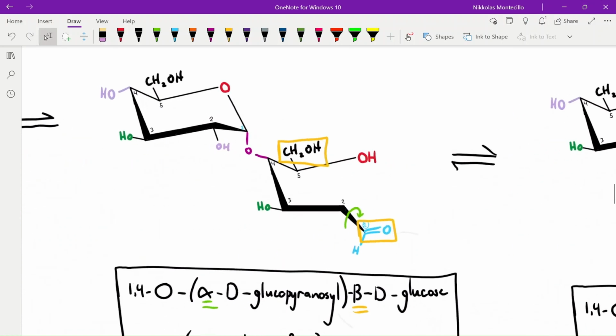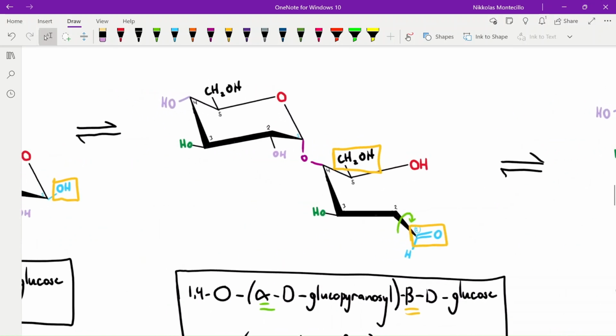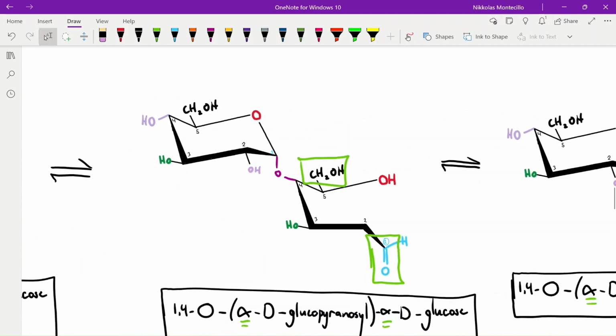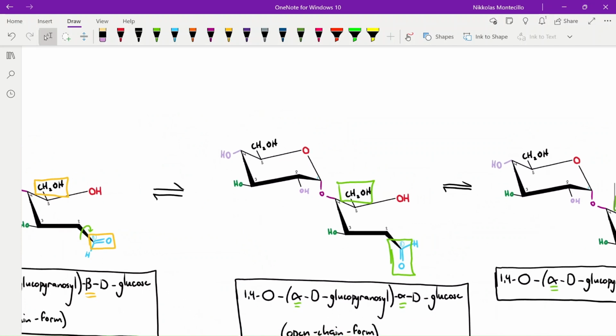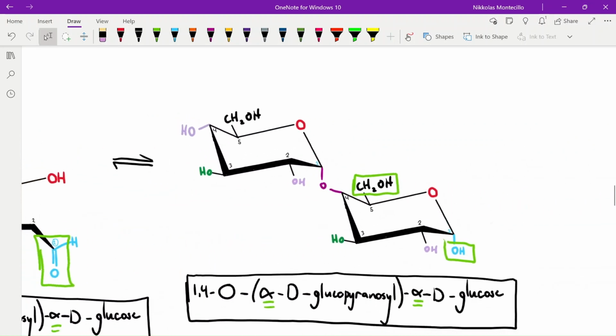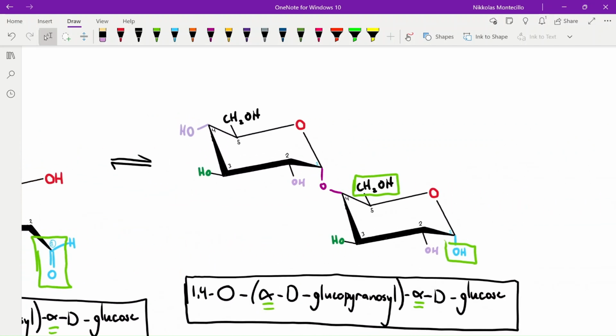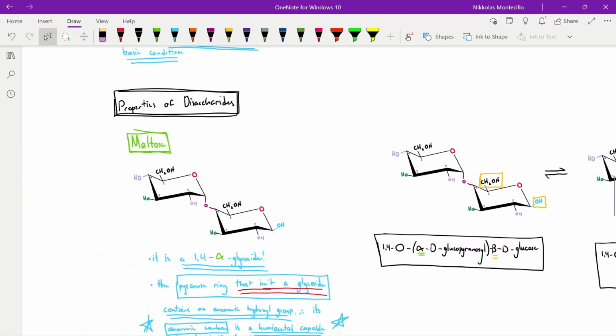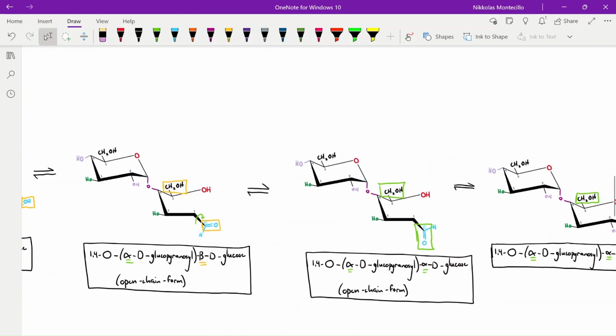So previously the second monosaccharide had a configuration of beta, but here it becomes alpha due to mutarotation. And what we're left with is 1,4-oxygen alpha-D-glucopyranosyl alpha-D-glucose. Okay? That's essentially the whole description of what happens here.